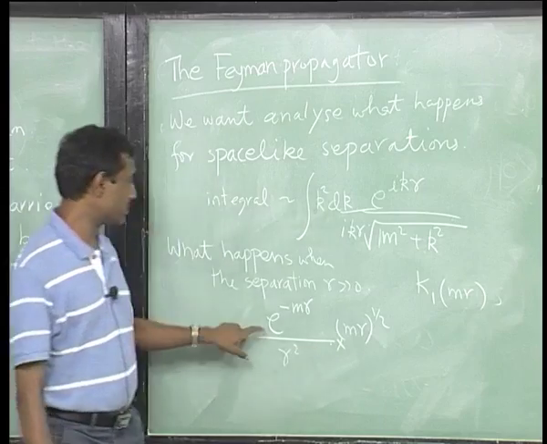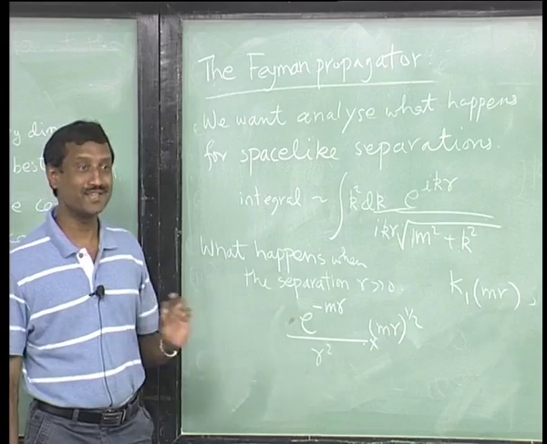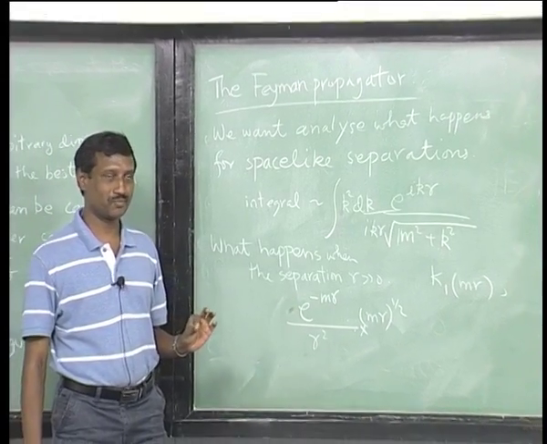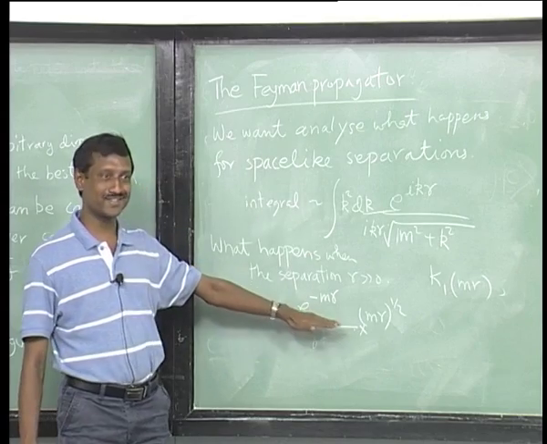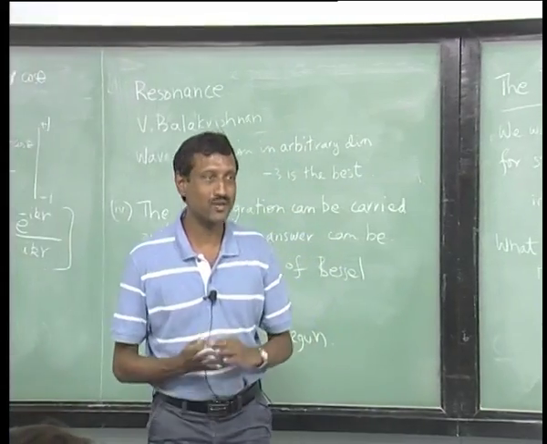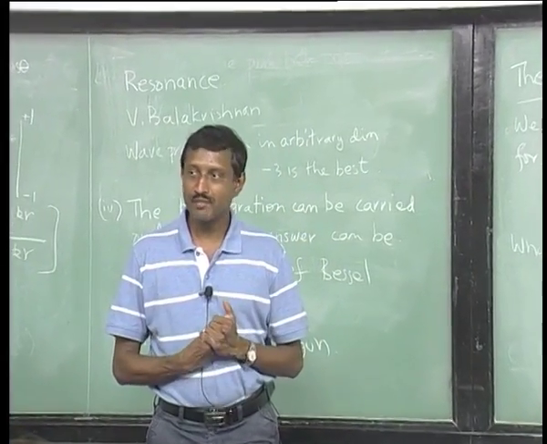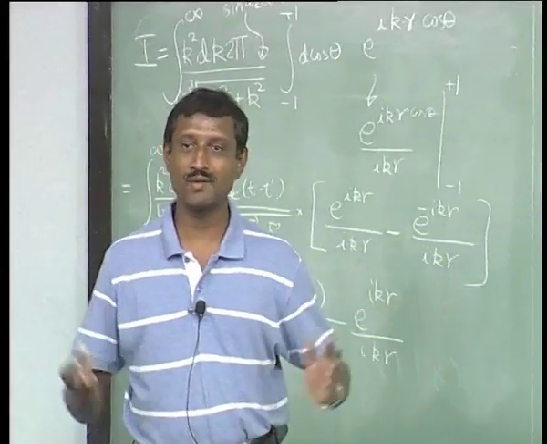Okay. So, I just put these things, but the key point here is that it is exponentially suppressed. It does not vanish. The point I want you to take away from here is that the Feynman propagator does not vanish. But this is not something unusual in quantum field theory. We know that there can be classically forbidden regions in quantum mechanics.